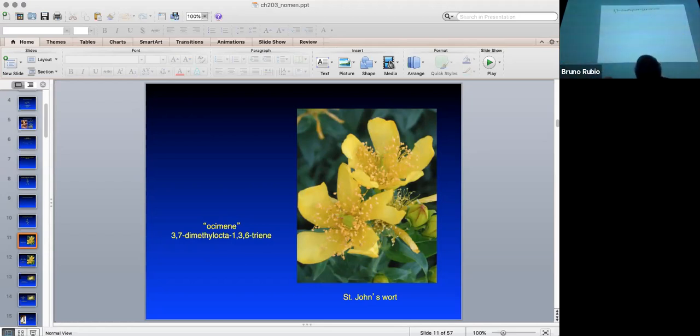And the common name of this compound is osamine. This is found in St. John's wort. This is an herbal antidepressant, right? But if you need antidepressants, I would say go with the prescription stuff. This herbal stuff doesn't work.